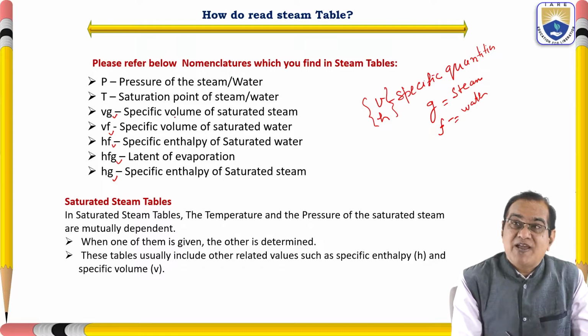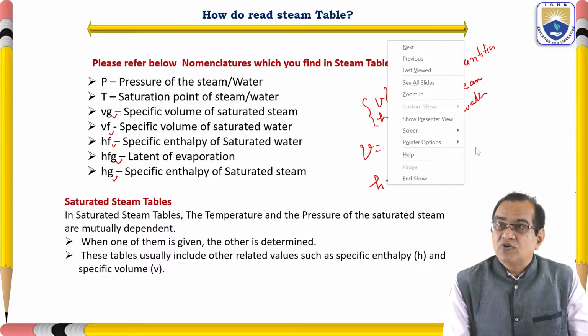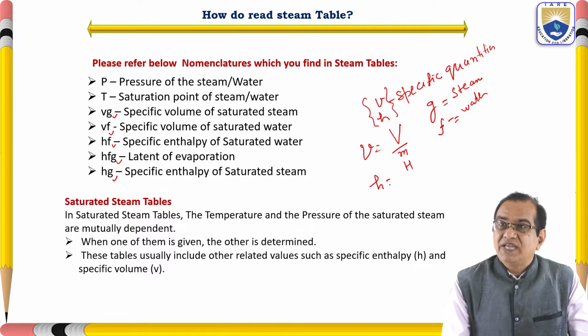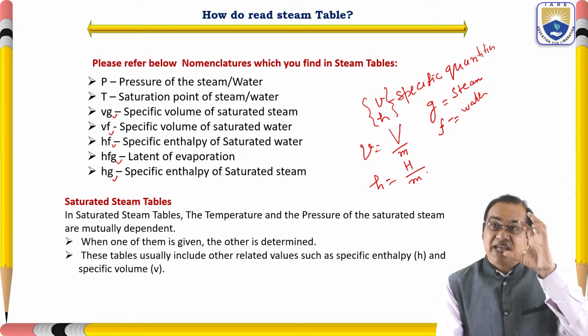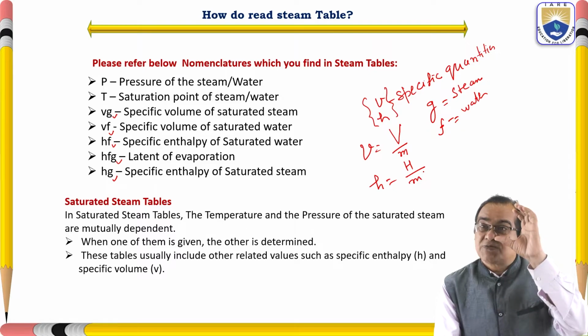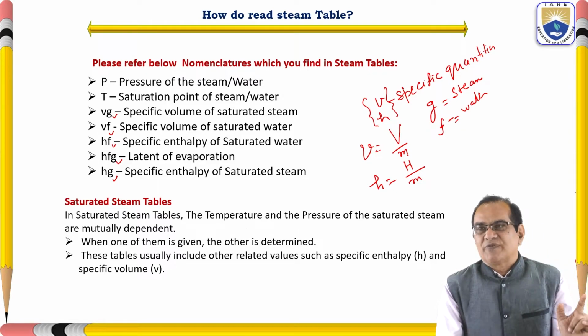They are specific volume, meaning v is equal to total volume divided by mass. Small h, the specific enthalpy, is equal to total enthalpy divided by mass. The steam table gives the specific values, divided by mass. That much we have to ensure.